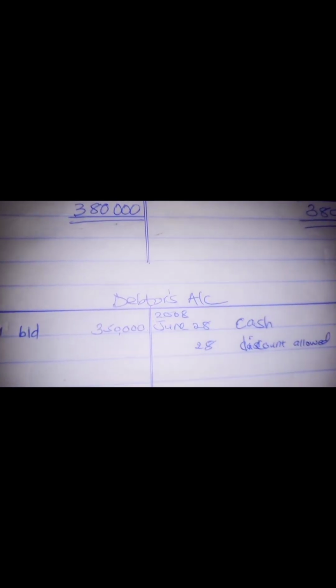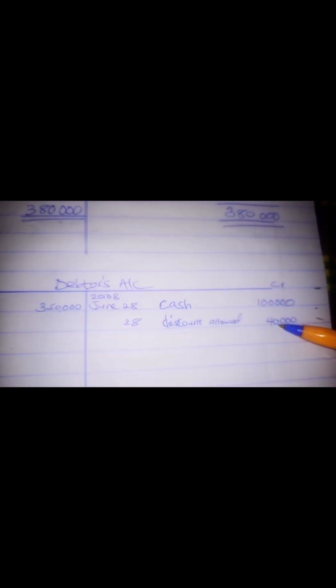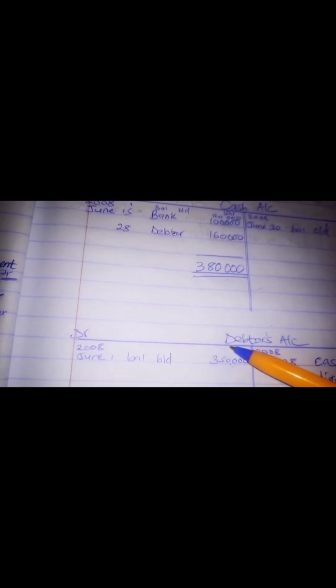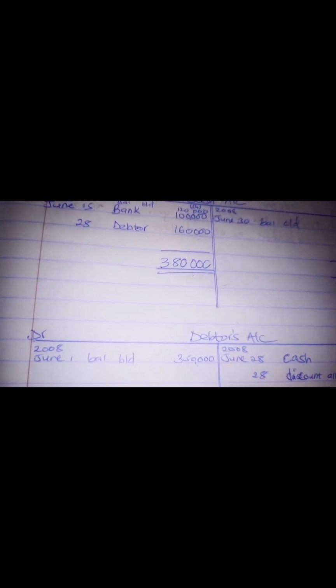And then we have the debtors account. We have 100,000 plus 40,000. This gives us 140,000. And this other side, 350. Clearly, that debit side is bigger than the credit side. So what amount do we need to add to the credit side so that it amounts to 350,000? It is 350 minus 140, learners, and this is supposed to give us 150,000.